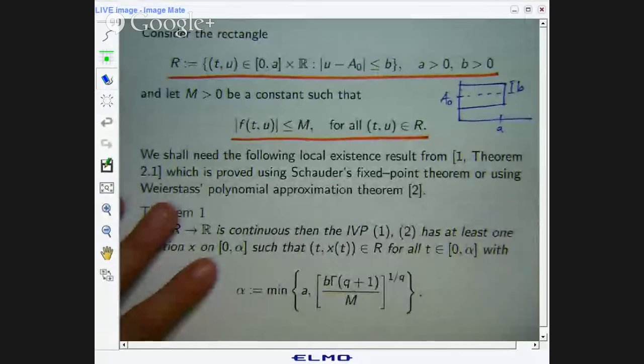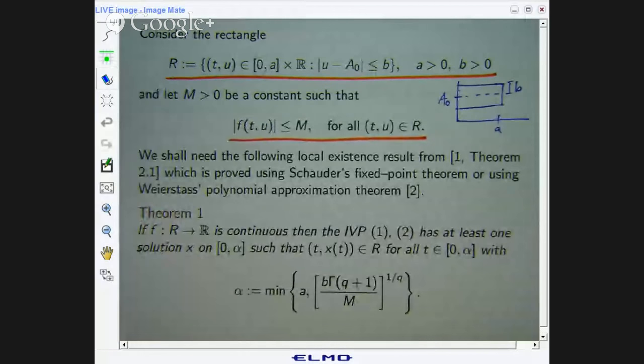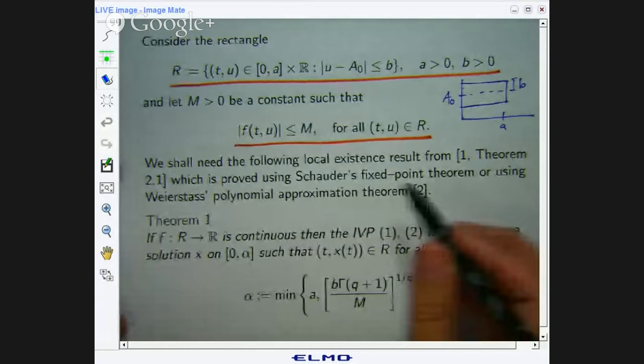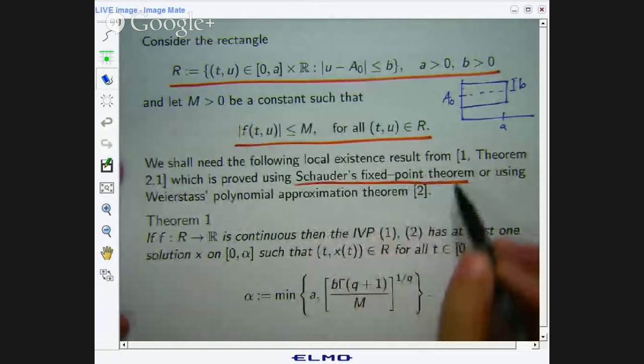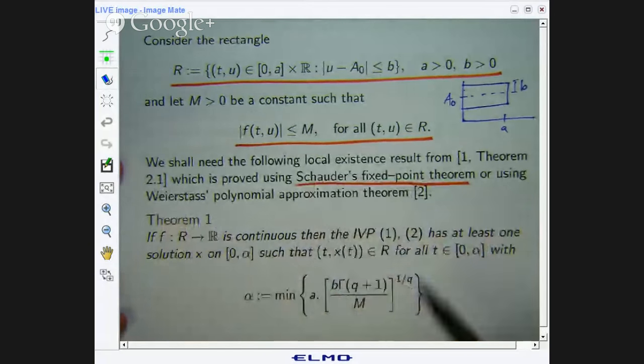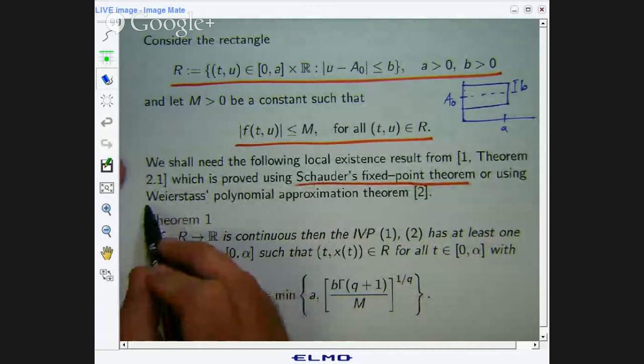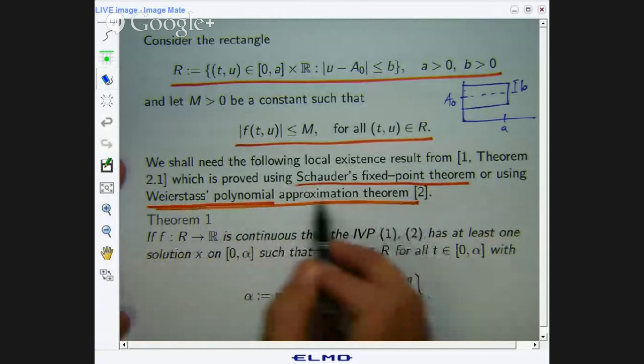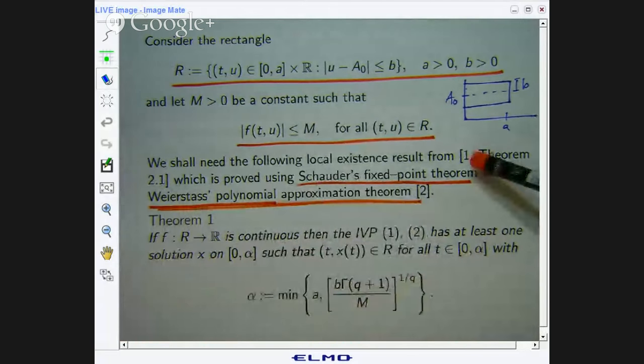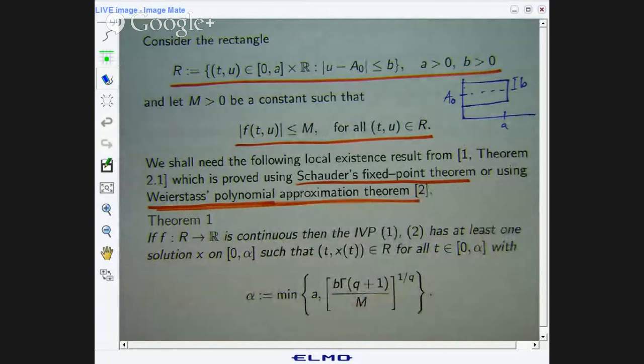Okay, let me share that with you because it's going to be a big part of our presentation. All right, we're going to need the following so-called existence result. Now, this result can be proved using Schauder's fixed point theorem as done by Tisdell and Ford, or as I've done by using Weierstrass's polynomial approximation. I'll show you these references at the end.